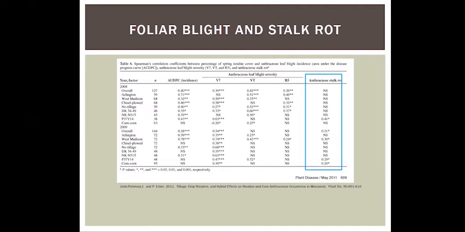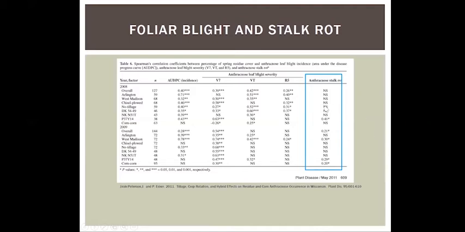Remember, for our stalk rot, these numbers indicate that the closer to 1 we get, the better the association. In this case, only 5 out of 18 areas had some association, but these are very weak correlations, 0.2, 0.3. That's not a very strong correlation.